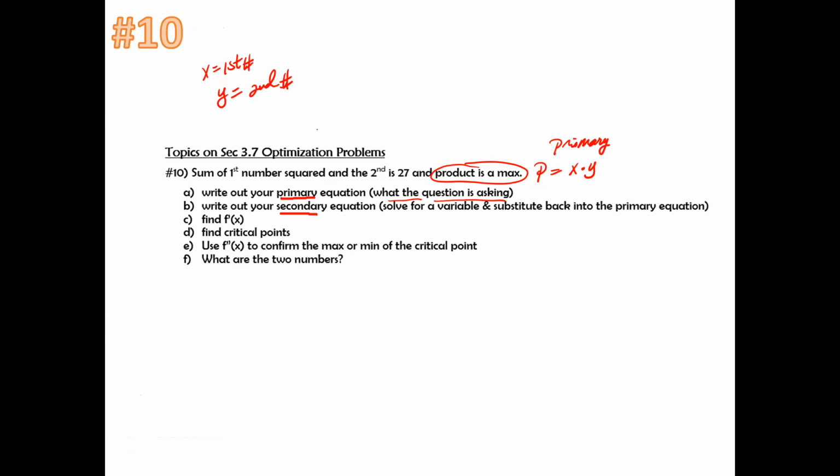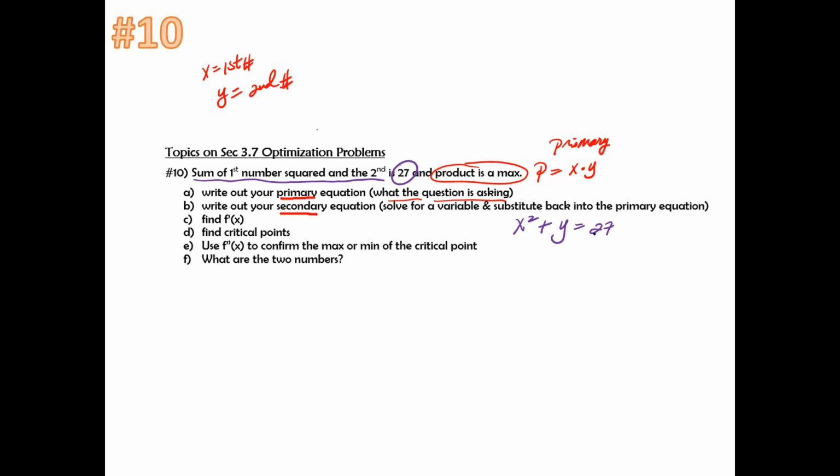Your secondary equation is going to be this little hint right here, right in the beginning, which is going to be the sum of the first number squared. First number is X, so X squared. Sum means plus, and the second number, so second number is just Y, is 27. And the second number, it usually always gives you what it's equal to because you cannot solve for one of the unknown variables if you have two unknown variables like X and Y, and you don't have it equal to anything.